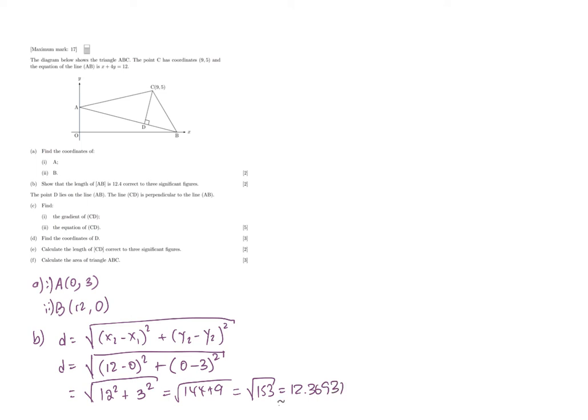To 3 significant figures, this is going to round to 12.4.